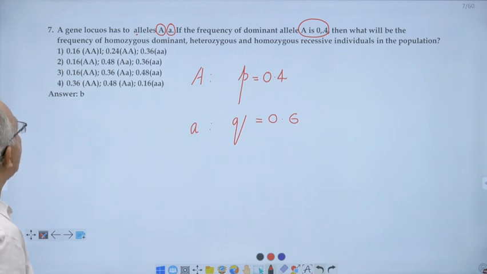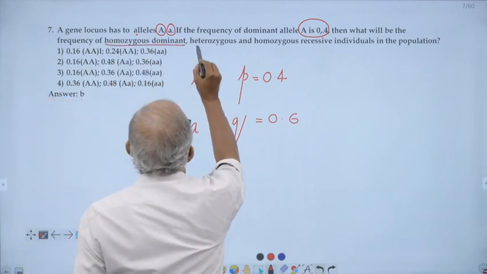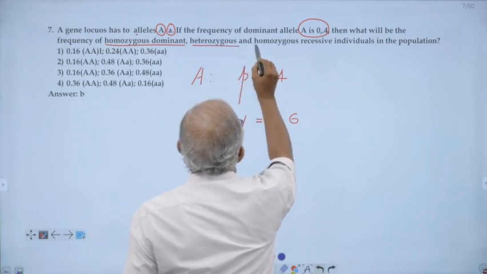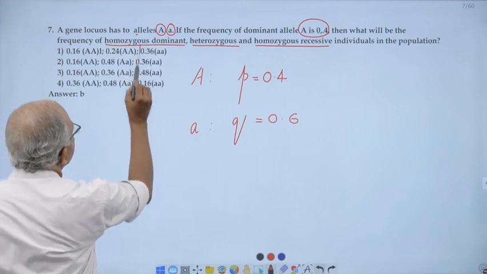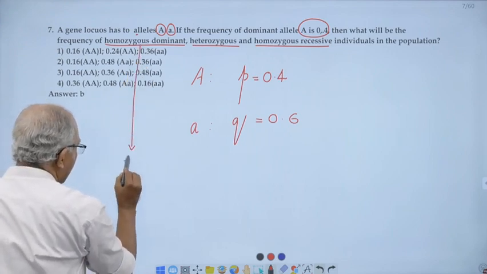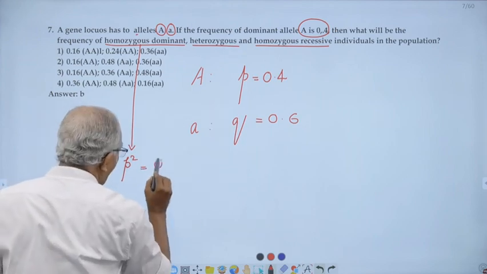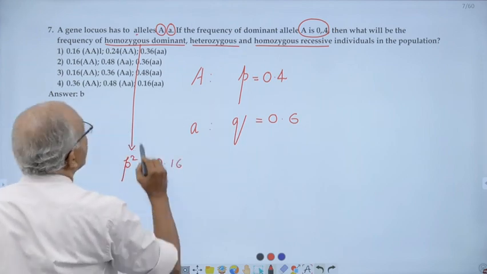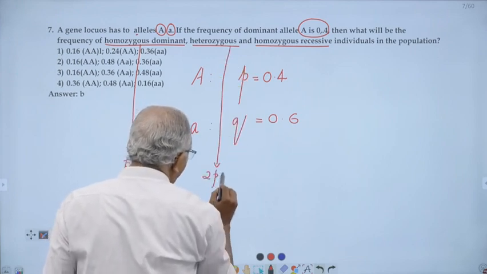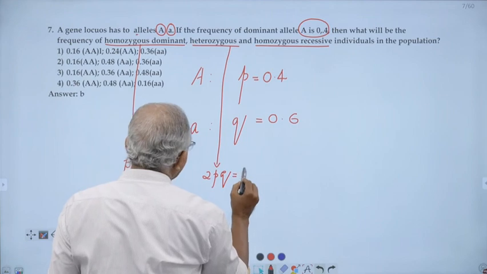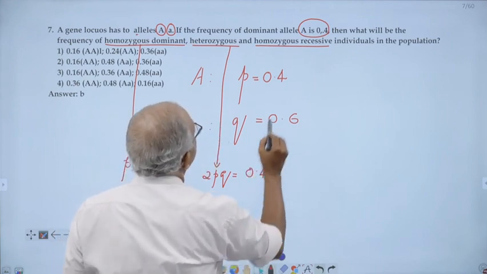What is the frequency of homozygous dominant, heterozygous, and homozygous recessive individuals? Homozygous dominant is P square, so it is 0.16. Heterozygous individuals, 2PQ, so it is 0.48.